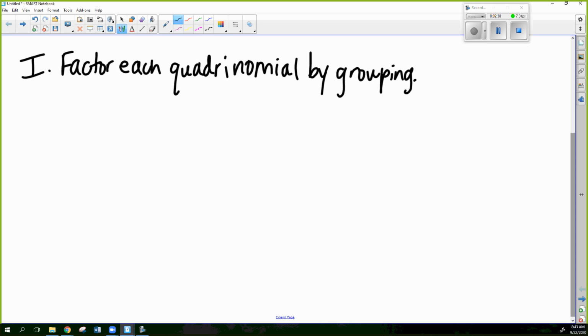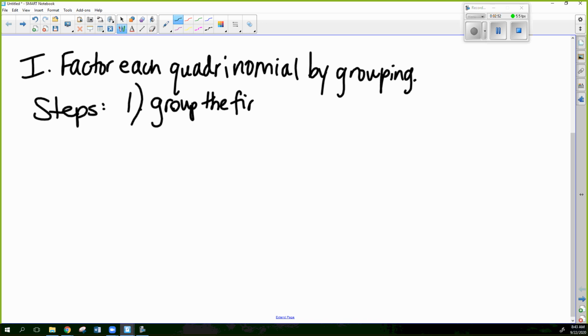Okay? So, my steps. Step one. You're going to group the first two terms together and the last two terms together.